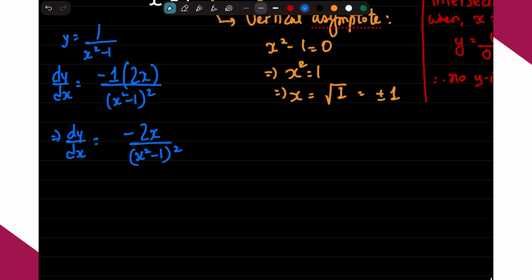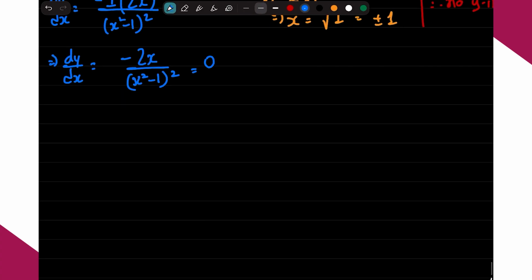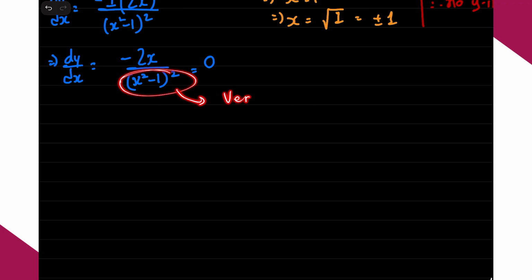Now we want to find the turning point of the graph. From this we have to solve for dy/dx equals 0. We already know that solving for the denominator yields our vertical asymptotes, so now we solve this for turning points.